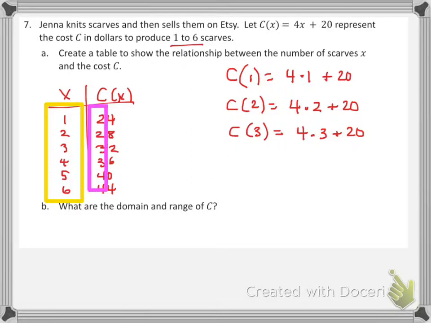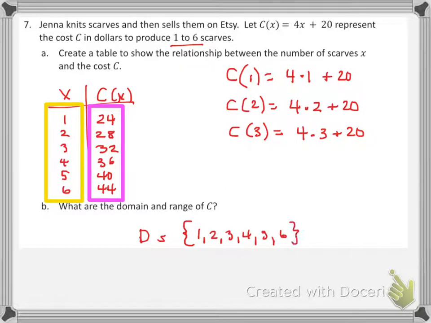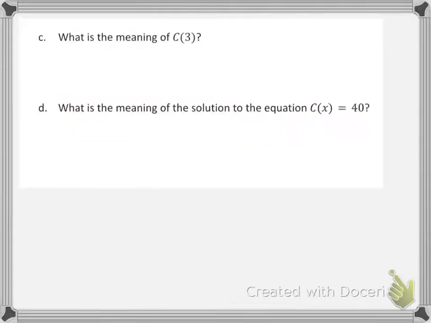The range is the output, or c of x, the function of x. So for the domain, you could make yourself a set, and say it's 1, 2, 3, 4, 5, and 6, and do the same thing for range. I think you get the idea.